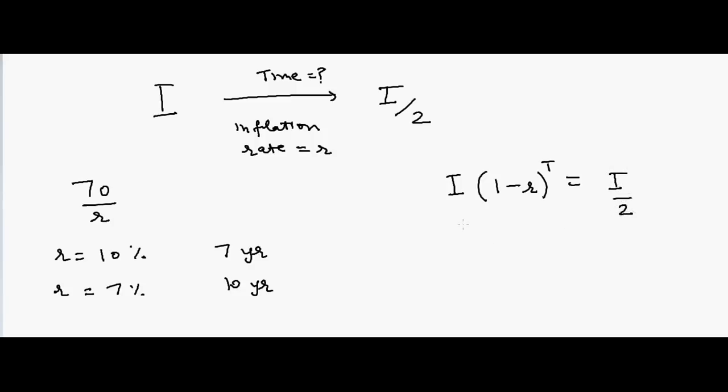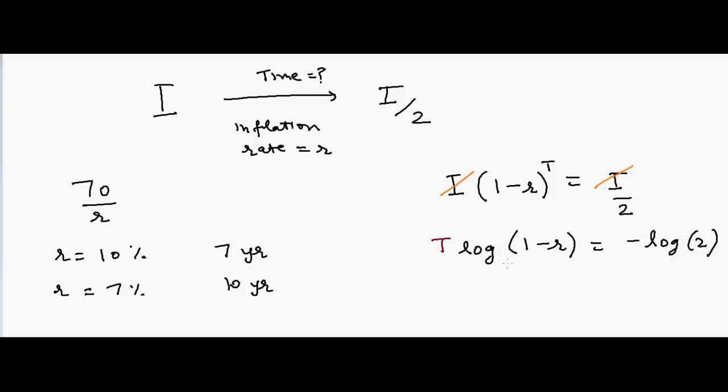If we solve this equation, the I would cancel out, and we have t times log of (1 minus r) equal to minus log of 2.